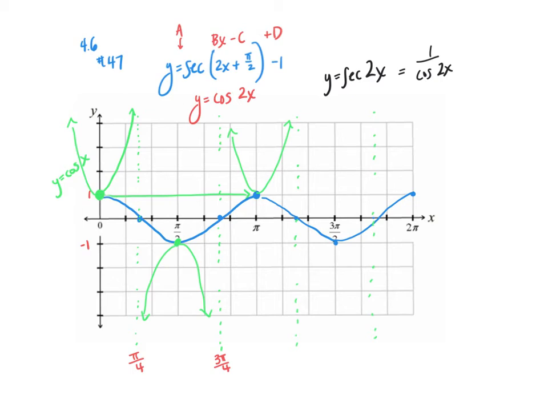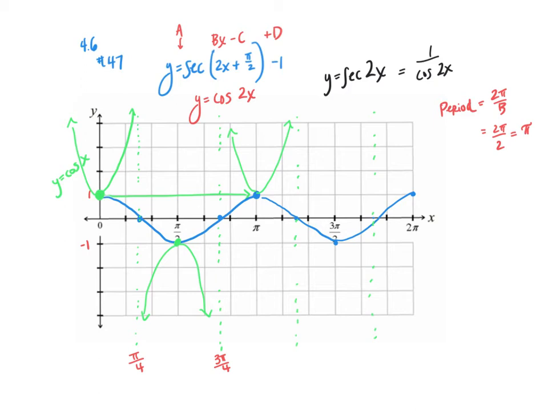So I dealt with my period. The period of secant is always 2 pi divided by b, and so that's why the secant graph is, in this case, only going pi before it starts repeating values.